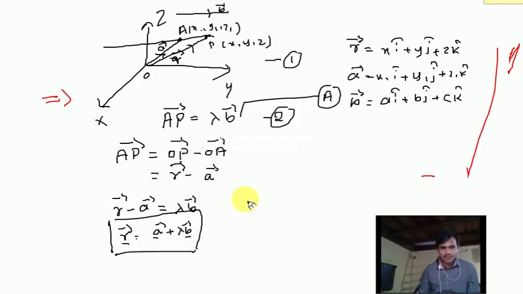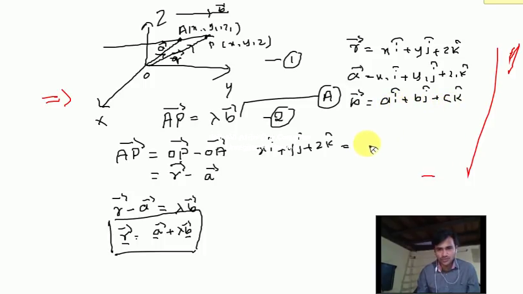Now by replacing all this, we get xi cap plus yj cap plus zk cap is equal to x1 i cap plus y1 j cap plus z1 k cap plus lambda times ai cap plus bj cap plus ck cap.